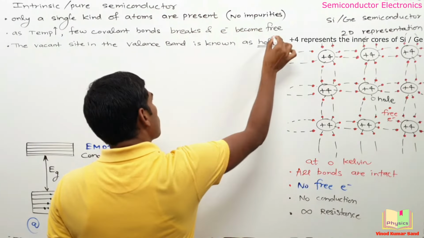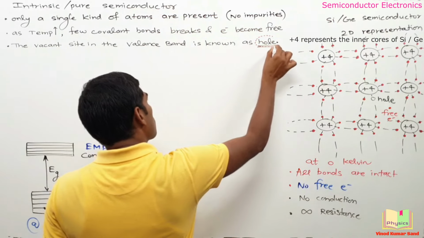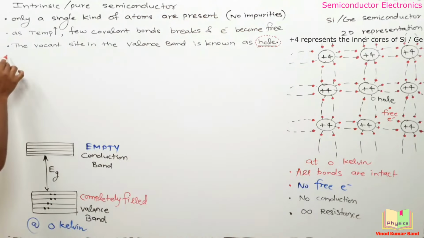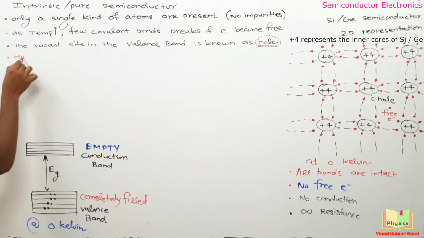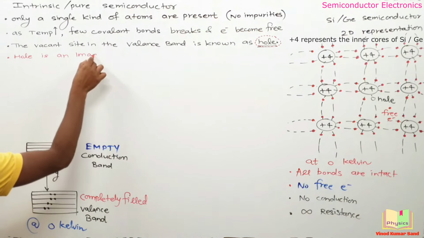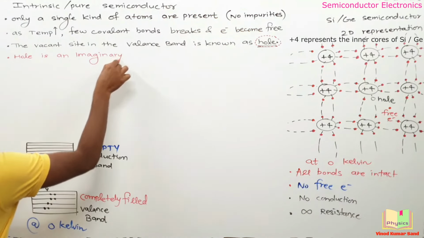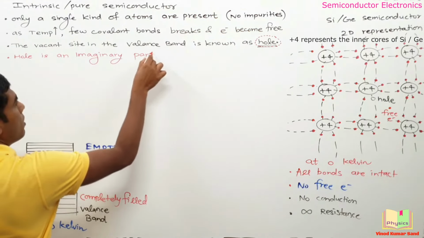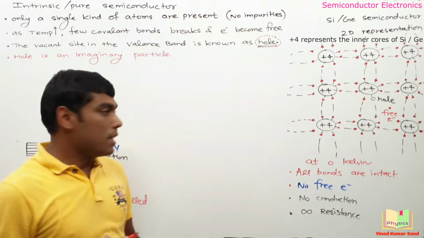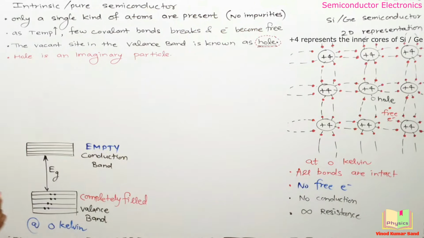Again, you should focus on this, that it's an imaginary particle. Hole is an imaginary particle. But if you assume it, then explaining the concepts of semiconductor becomes super easy. That's why we imagine it.